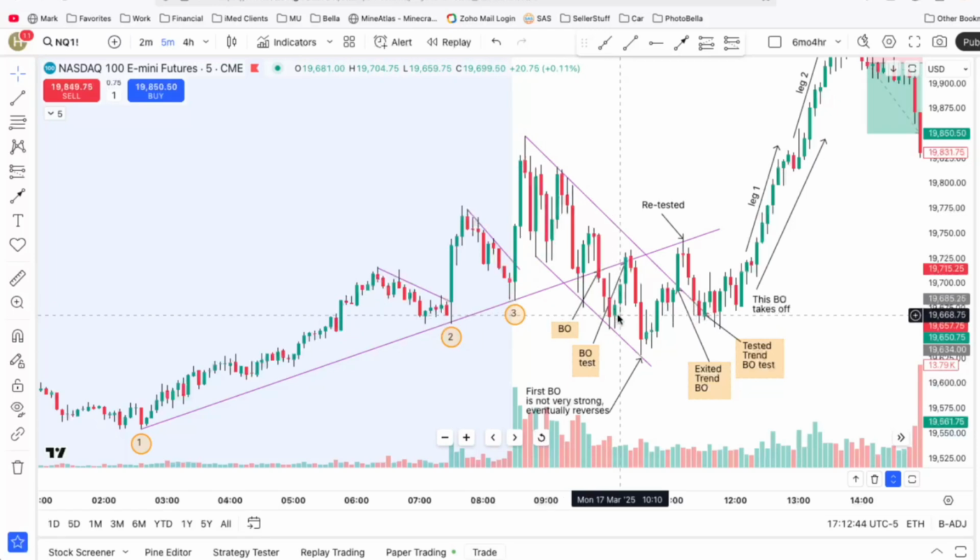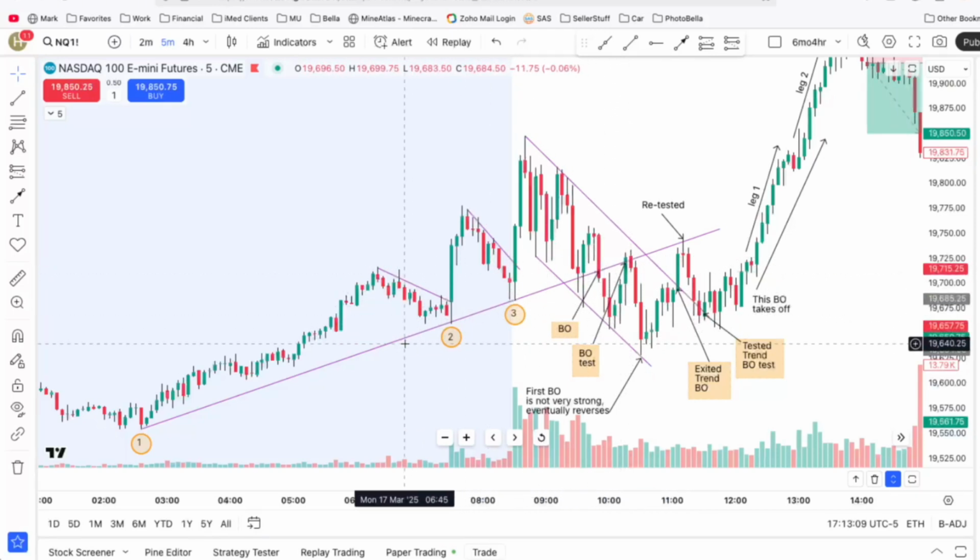And after this third bar that comes down, we start going back up again. And one of the things that Al Brooks tells us about breakouts is that they will always be tested, or I shouldn't say always, but I think they're almost always tested. So the point at which we break out is often a place that's retested, although it doesn't have to be the exact point. So anyways, we come all the way down to the bottom of this trend channel line, and we come up and we are retesting this large trend line.